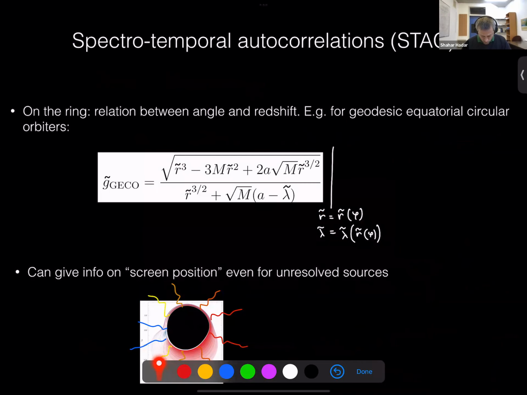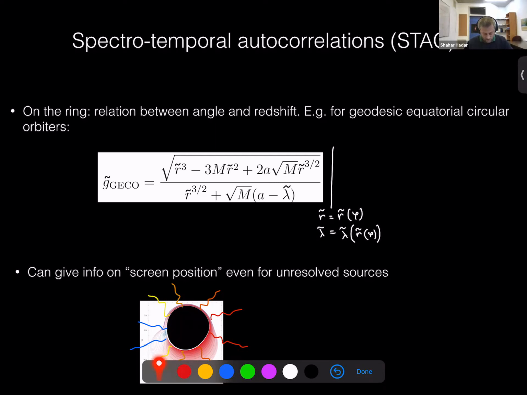Okay, so what are we proposing here? We're proposing to look for the cousin of these photon ring autocorrelations, but adding this frequency-dependent component. It's another piece of information that we can use.